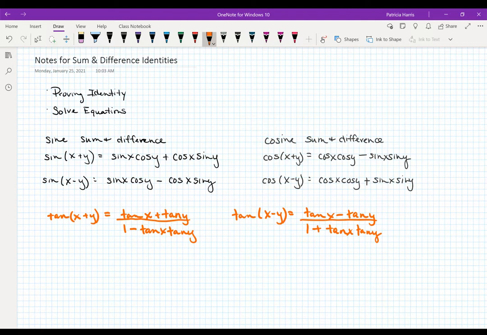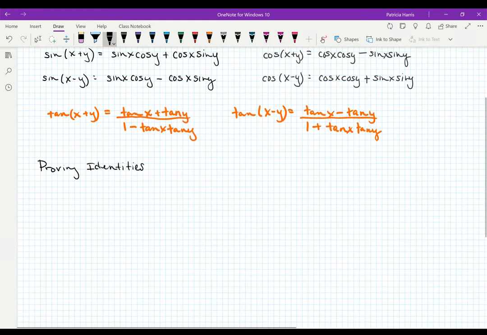Okay, so what we're going to do is work on proving some identities. Now, I pulled some identities that are not in Edgenuity. Okay, so when you're proving an identity, you're actually proving equality.